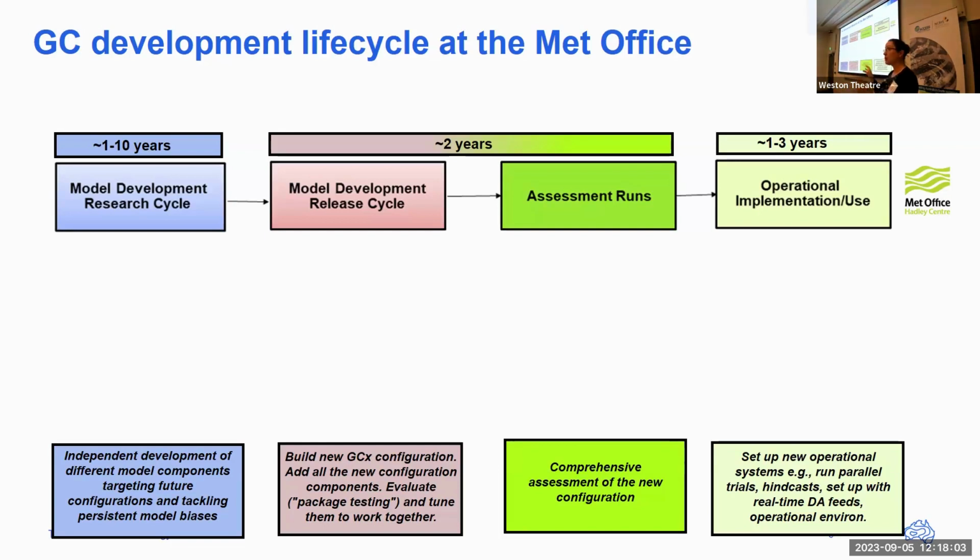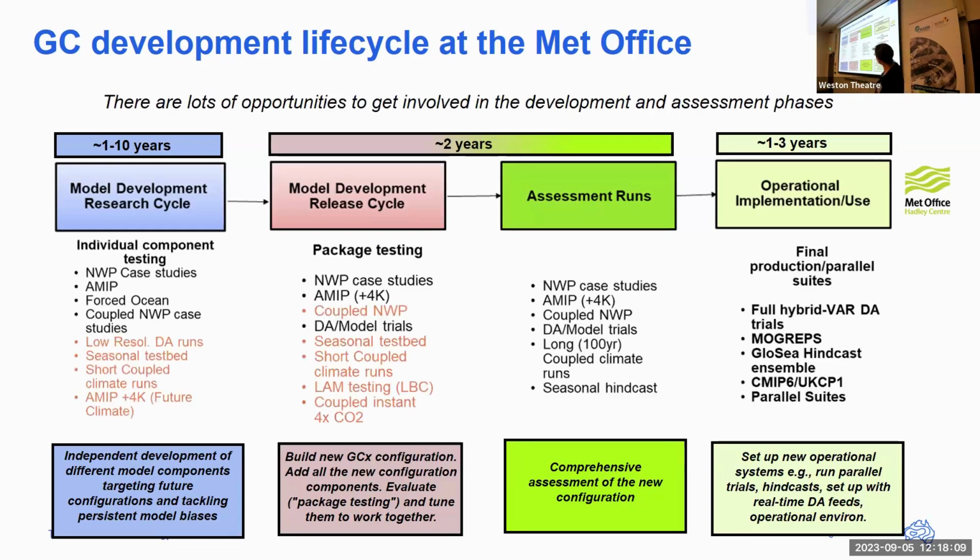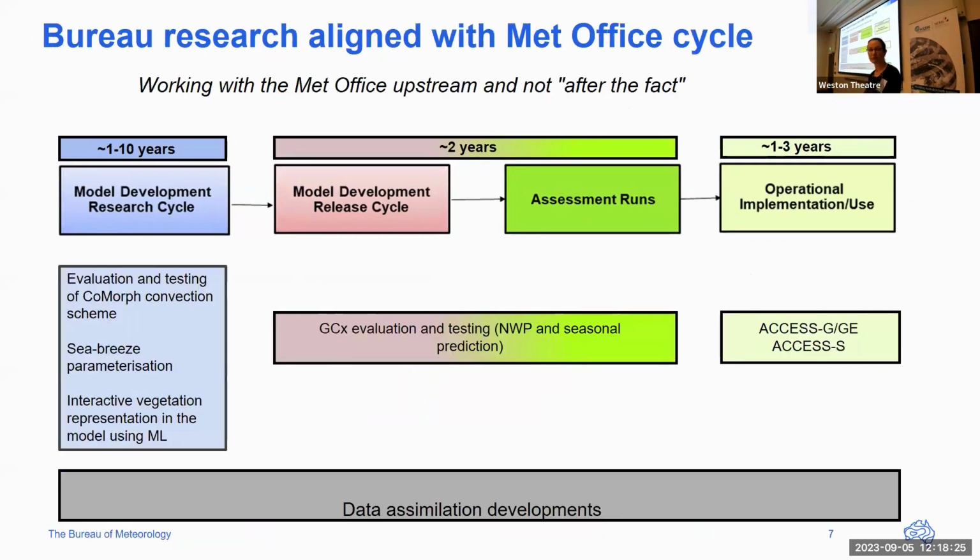Then there's a whole lot of assessments that are done, and after that, there's the operational side of things. But at each stage, there's a whole range of different evaluations that are done. It's tested in terms of free coupled runs, AMIP simulations, forecast mode. So these changes in these configurations are tested in a wide variety of different circumstances.